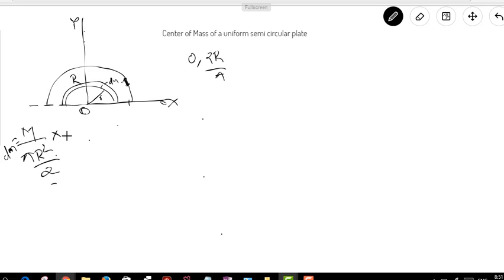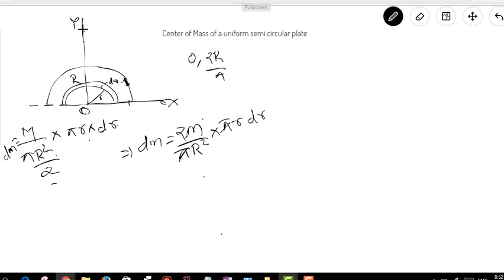We can consider it as a kind of rectangle of length pi r and width dr, so the area is pi r dr. So dm will become 2m by pi r square into pi r dr. Now this pi will get cancelled.